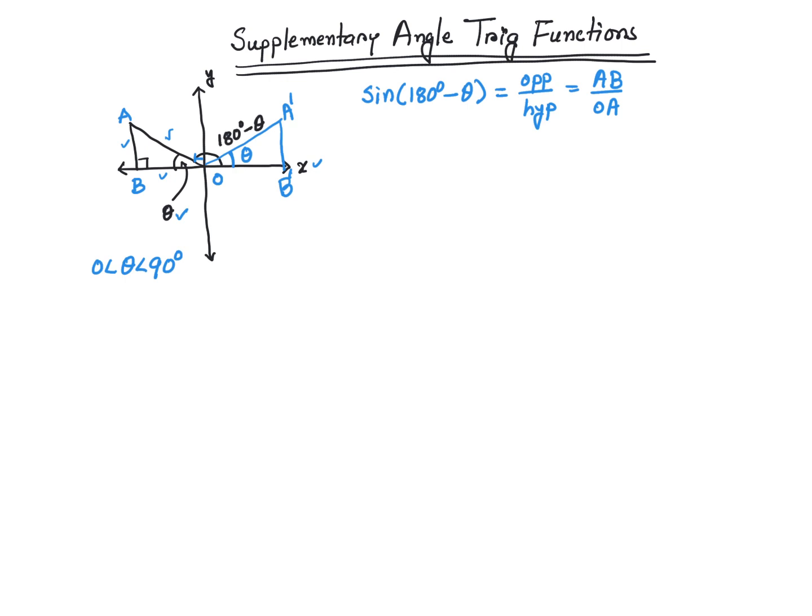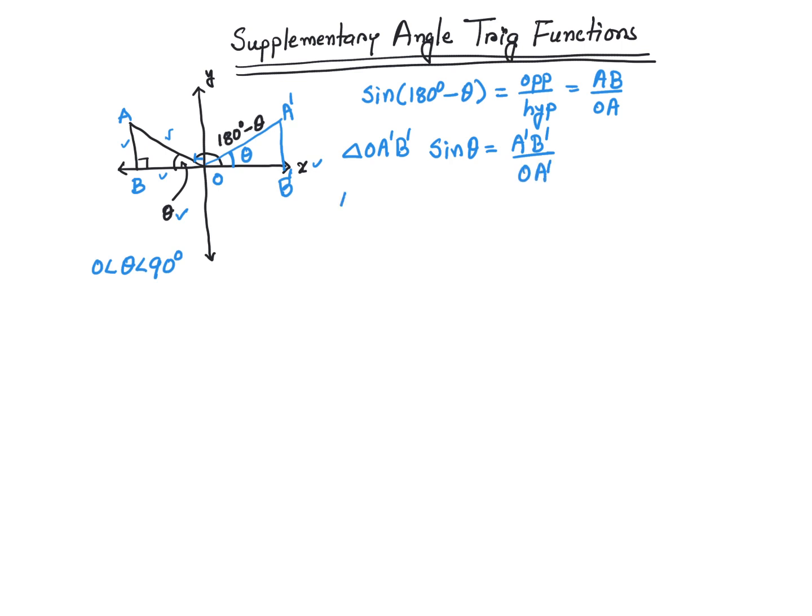Now the triangles OAB and OA prime B prime are reflections of each other about the vertical axis, or y-axis. Therefore, they are congruent, so we don't need to show or prove it. Now in triangle OA prime B prime, I get sine of theta, which is opposite over hypotenuse. So that's A prime B prime over OA prime.